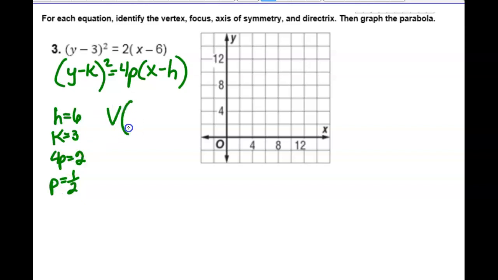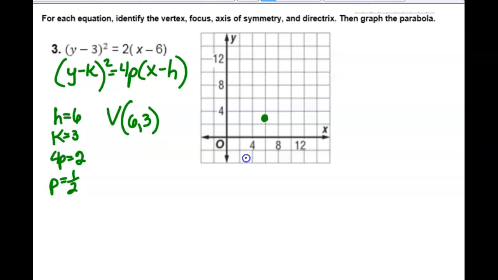Anybody have a vertex for me? Anybody tell me which way this opens?